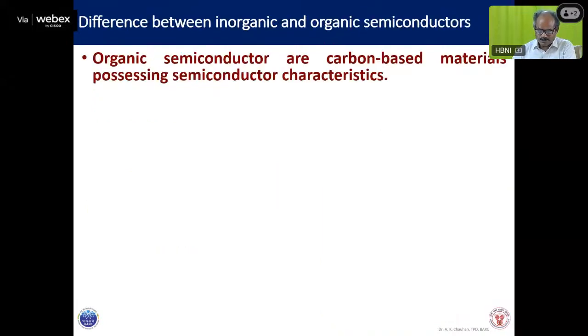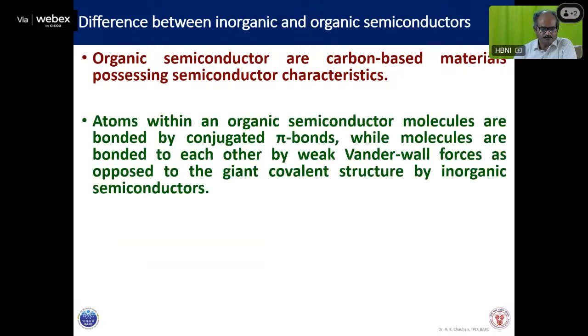So if we summarize, usually organic semiconductors are carbon-based materials possessing semiconductor characteristics. Atoms within an organic semiconductor molecule are bonded by conjugated pi bonds, while molecules are bonded to each other by weak van der Waals forces, as opposed to the giant covalent structure of an inorganic semiconductor.